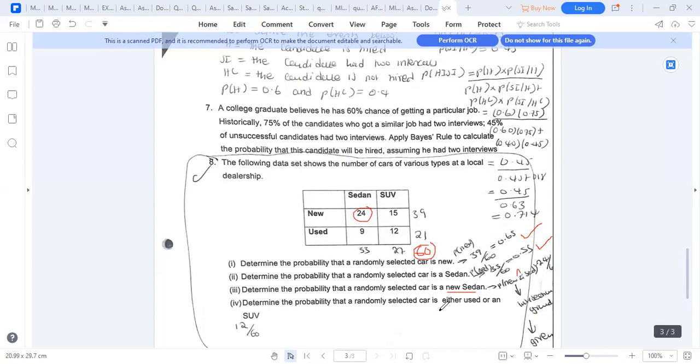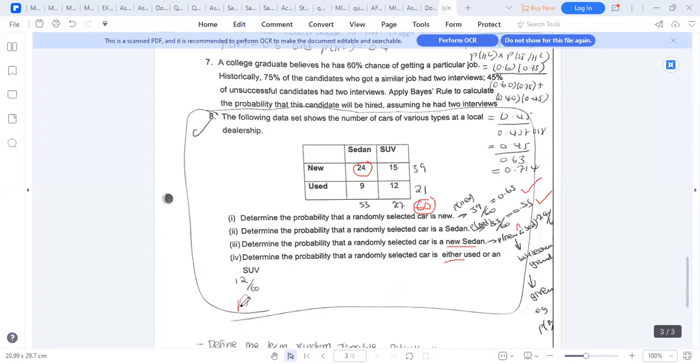And here, determine the probability that it's either used or SUV. So this is a union set. So you're going to say probability of used union SUV, which is probability of used plus probability of SUV minus the intersection of used and SUV.